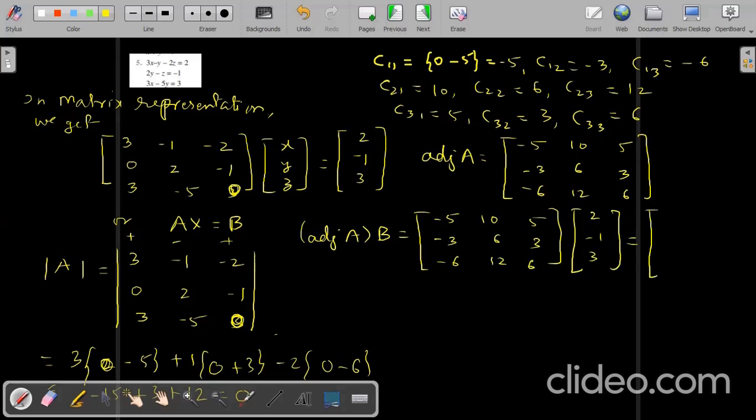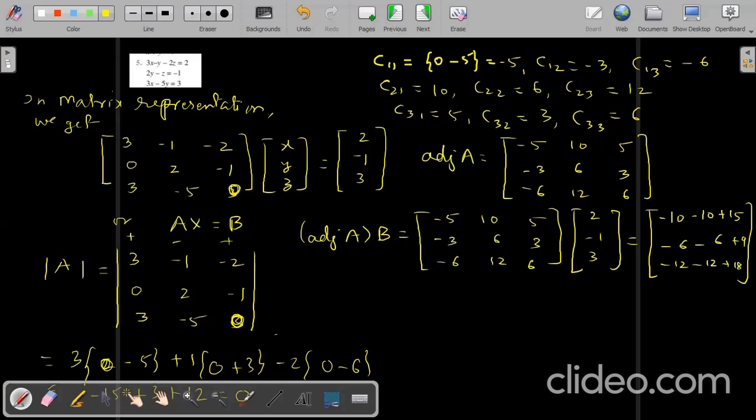Now you have to check whether you are getting 0 or not. So first row, first column, minus 5 into 2, minus 10, then again minus 10, and 5 3 is 15. You are not getting 0. Then for second row, first column, minus 3 to the 6, minus 6 plus 9. Third row, first column, minus 12, minus 12 plus 18.